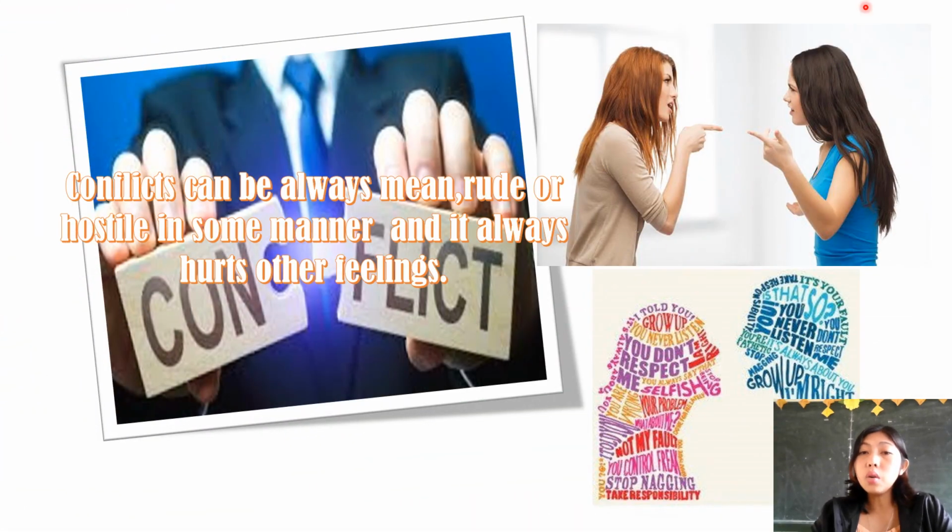Here, if you take a look at these pictures, you've seen two girls who are in conflict with each other, saying mean things, rude things to each other. So conflict can always be mean, rude or hostile in some manner, and it always hurts others' feelings.